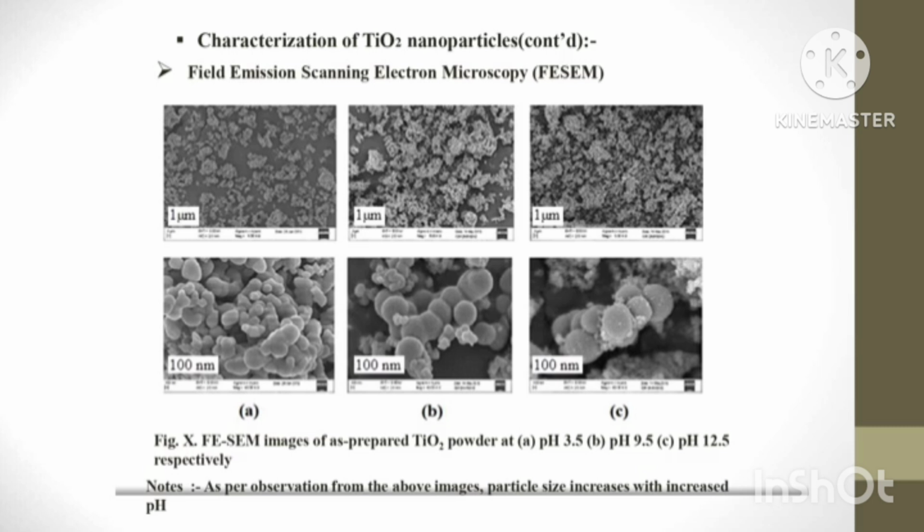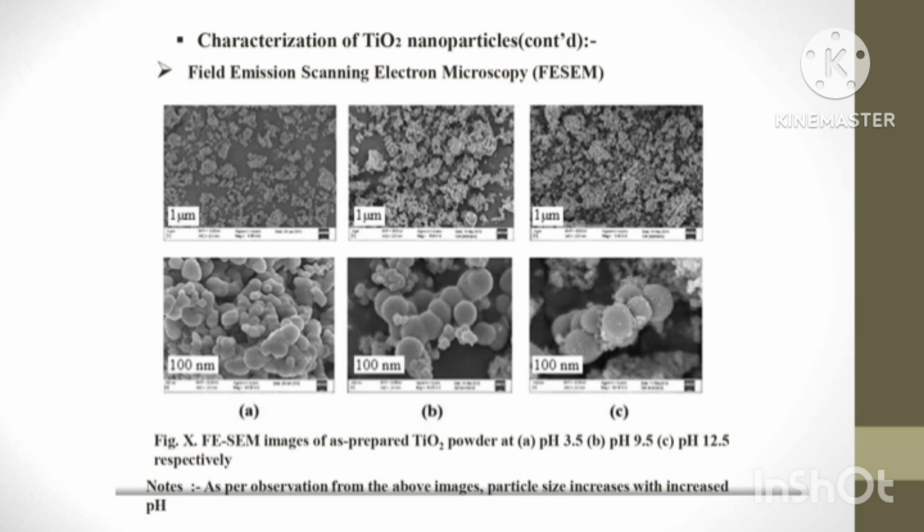And second point, the figures should be of the same resolution. Suppose you have to compare the particle size and your two figures are of different resolution, then it doesn't make any sense. So you have to keep the resolution the same and then compare.